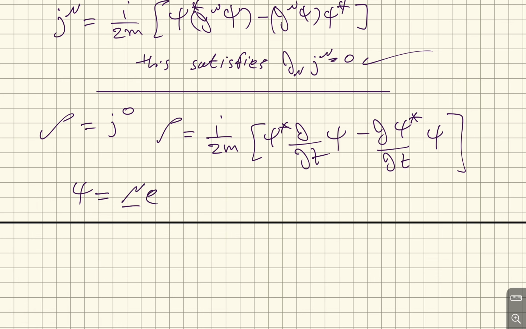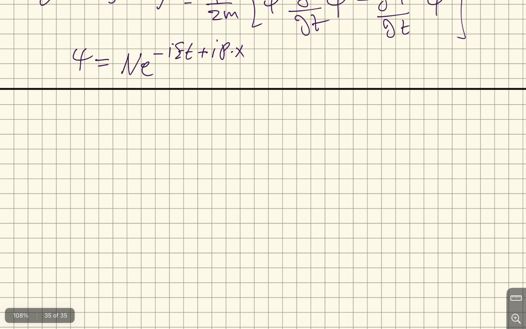So it has the normalization factor n, times e to the power of minus iEt plus ip dot x.